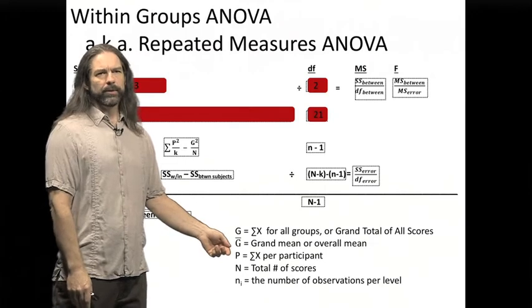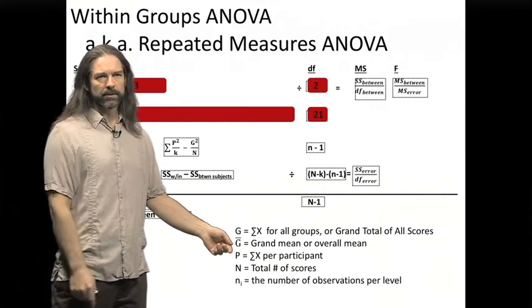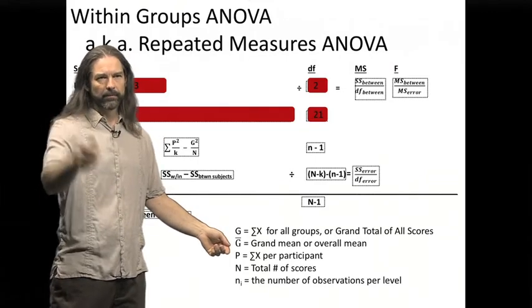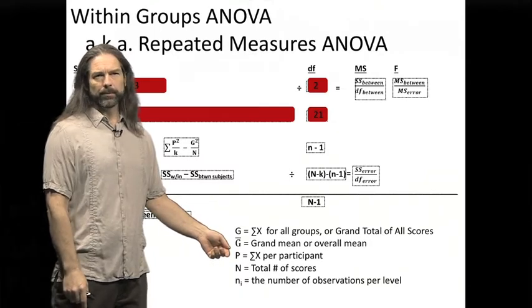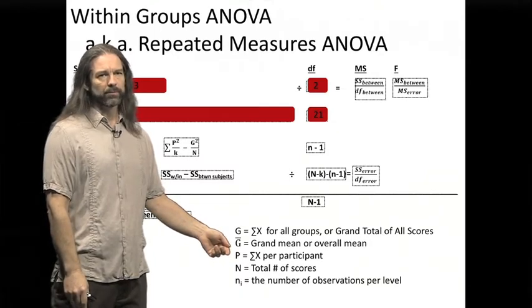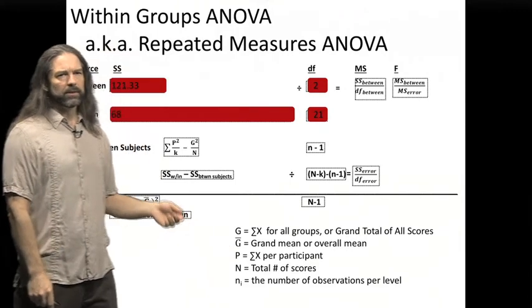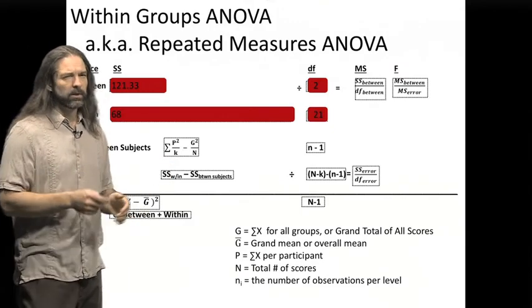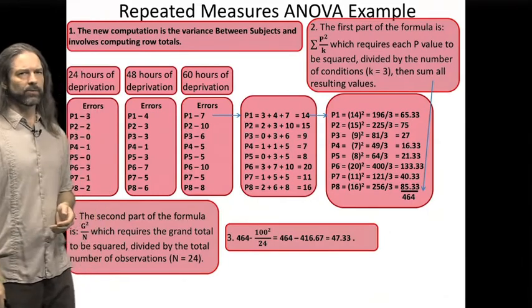If you recall, when we did a repeated measures t-test, we had to subtract horizontally, or take the before score and subtract the after score from that. With the repeated measures ANOVA, we will be doing the same thing, but because we have multiple groups, we won't be subtracting. We will actually be summing that row total, and that's going to lead us to effectively the same thing that we're doing in the difference scores, slightly different from a repeated measures t-test. So what that is, is the row totals.